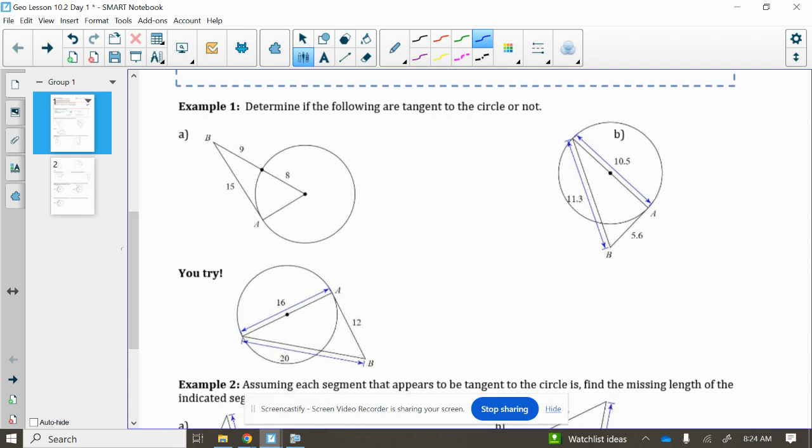So in number 1, we want to decide, would this line be a tangent to this circle? Notice we are being given these angle measurements and side lengths, and we're trying to decide basically, are we creating a right angle at the point of tangency? That's the question. Is there a right angle there?